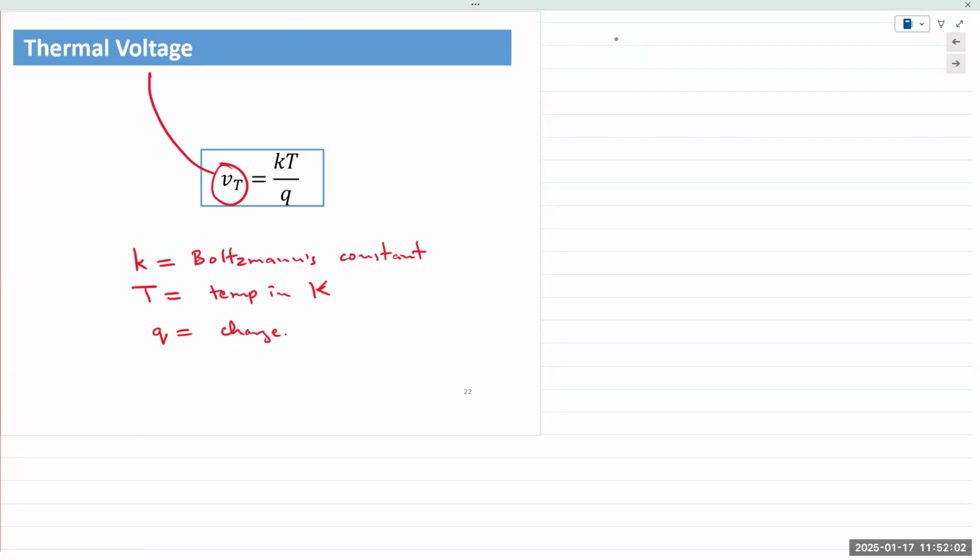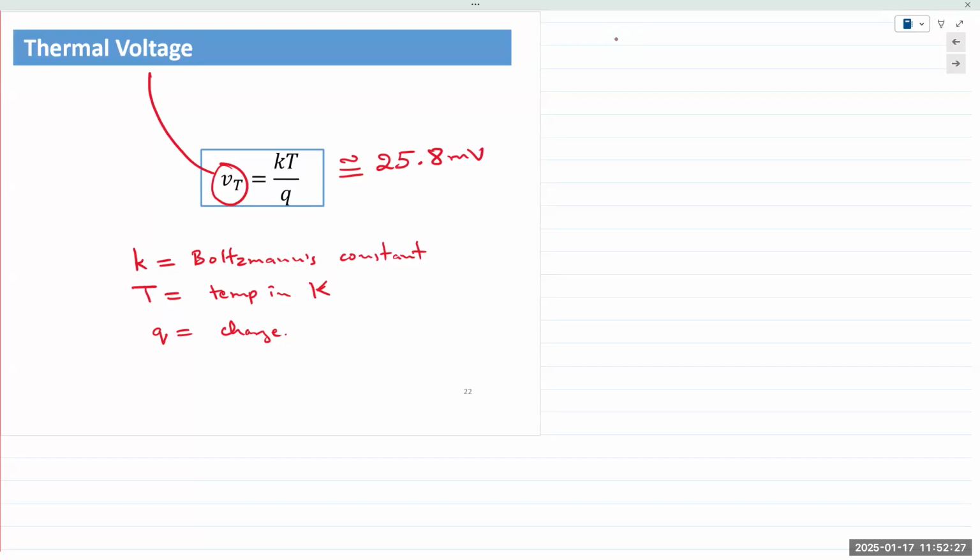Now, typically, when we perform this calculation, it turns out to be about 25.8 millivolts. Depending on the book, sometimes it's 25.8, I've seen 25.9, depending on how many decimal places you take in your answer.